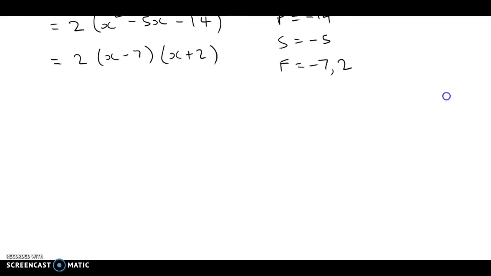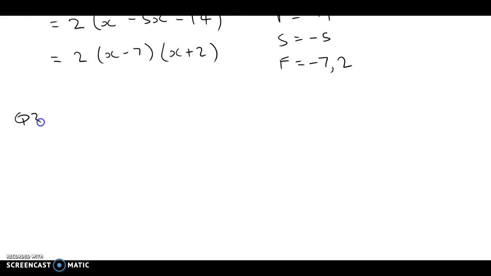Alrighty, let's have a go at another one. Factorise x squared minus 8x plus 16. Same process, PSF. We're looking for a product of 16 and a sum of negative 8. Factors: two numbers that multiply to 16 and sum to negative 8.